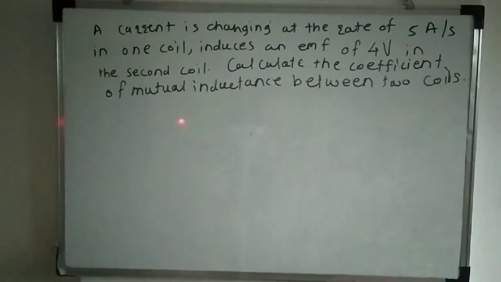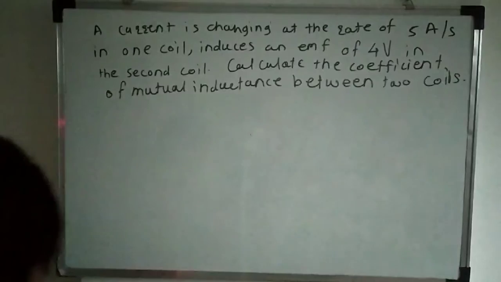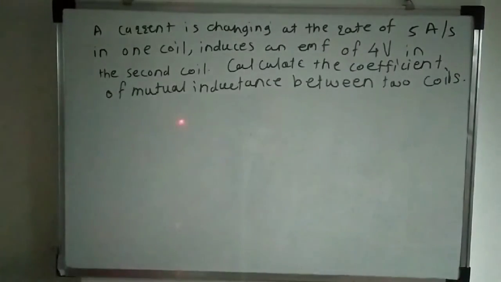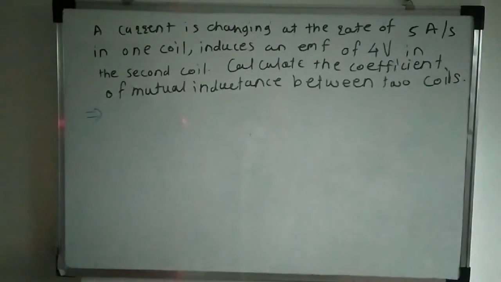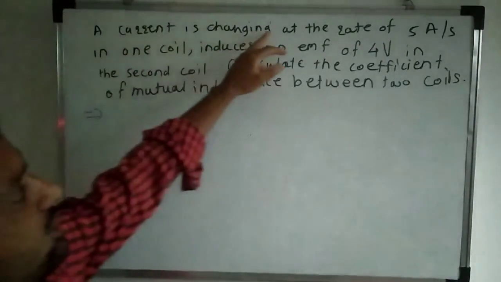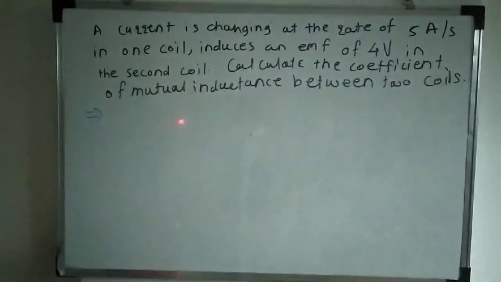How can we solve this numerical? First, what are the given terms? A current is changing at the rate of, so the rate is given. What is the rate?